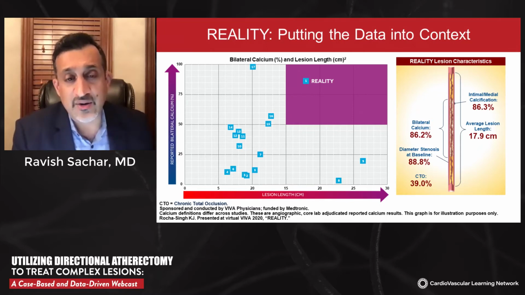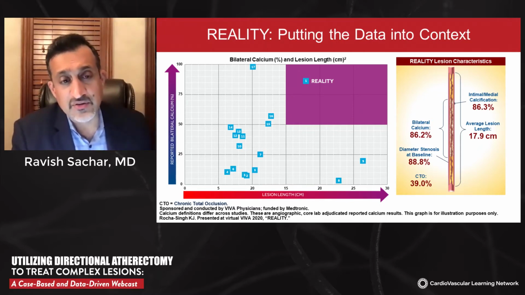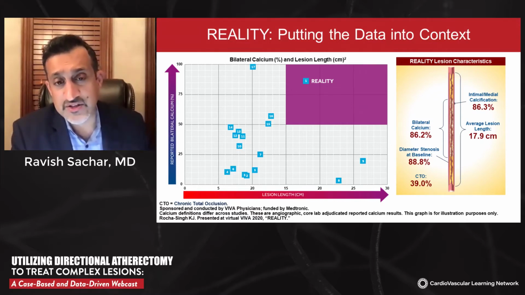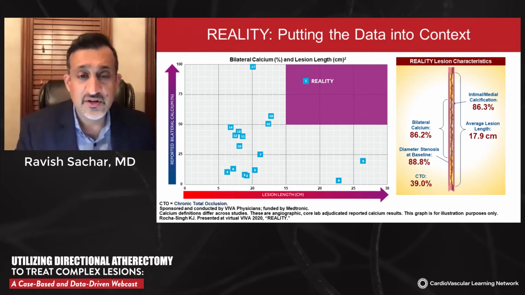And if you look at how this compares to other studies that have been done in the femoropopliteal segment, you find a number of studies enrolled patients with long lesions, a number of studies enrolled patients with complex and calcific lesions. But REALITY really stands by itself in terms of the combination of both length as well as calcification, and therefore the most complexity as compared to other trials that have enrolled patients with disease in the femoropopliteal segment.